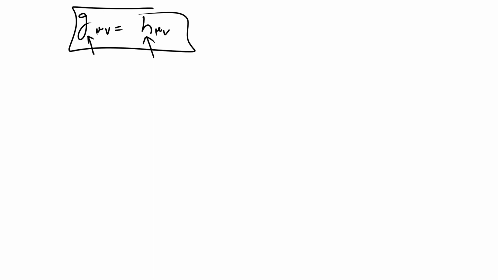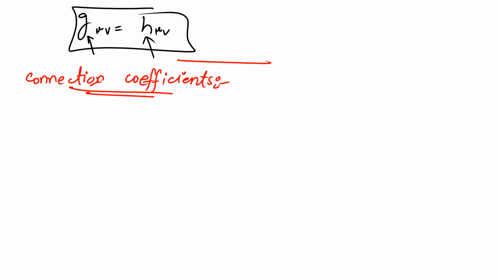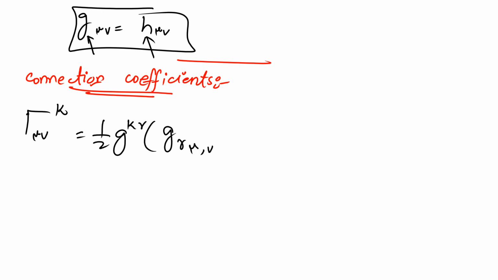Let me write them with the name connection coefficients, which are given by, generally they are written like this: equal to 1 by 2 g k gamma times g gamma mu nu plus g gamma nu mu minus g mu nu gamma.